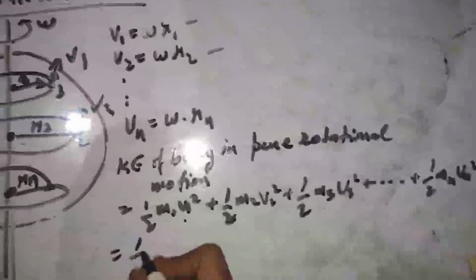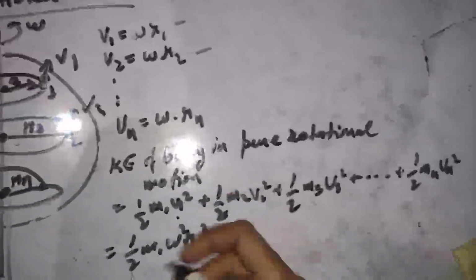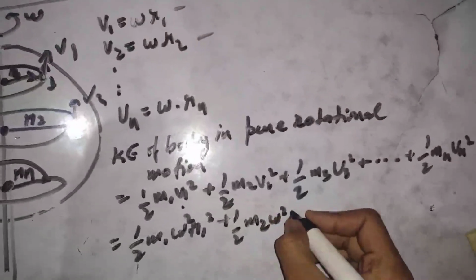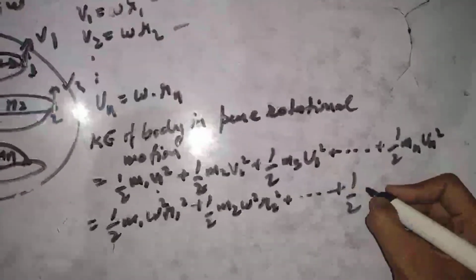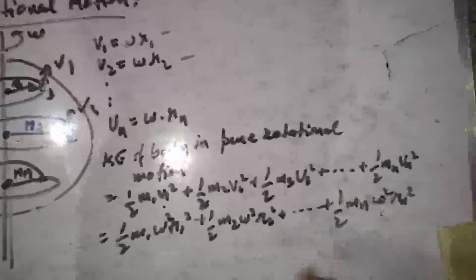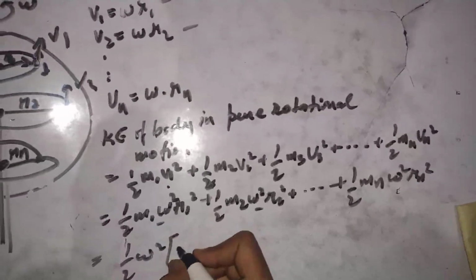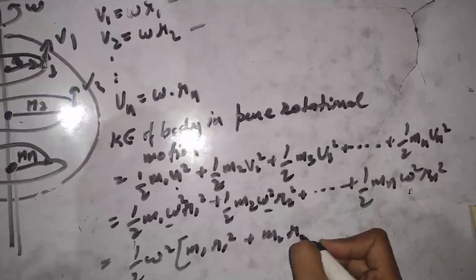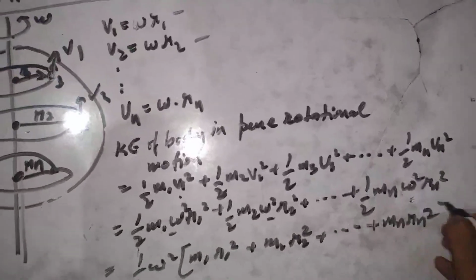So this is half m1 omega square r1 square, plus half m2 omega square r2 square, and we continue adding up to half mn omega square rn square. Because omega is common in every term, we take it out. We are left with m1 r1 square plus m2 r2 square, all the way up to mn rn square.